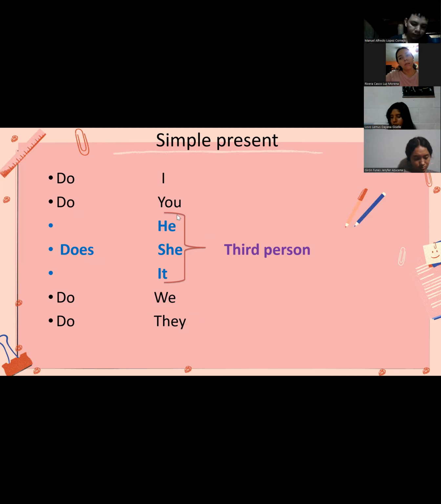And does, we're going to use it for he, she, and it, which is our third person, okay? So these are the auxiliaries that we are going to use for the yes or no questions for the simple present, okay? Do or does.